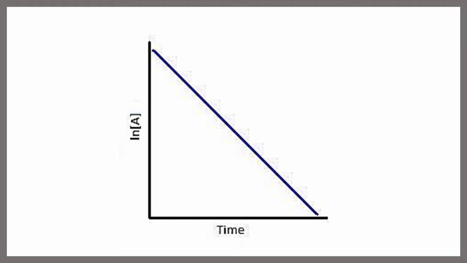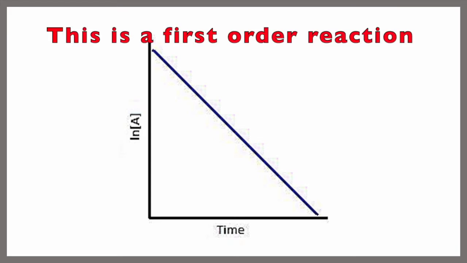And as you can see, this line has a negative slope. And we can use this information to determine if a reaction is first order. In other words, if you see a graph like this one, where the natural log of the concentration of your reactant is on the y-axis, and time is on the x-axis, and you get a straight line with a negative slope, this is a first order reaction. Memorize this pattern because you will see it on the AP exam.